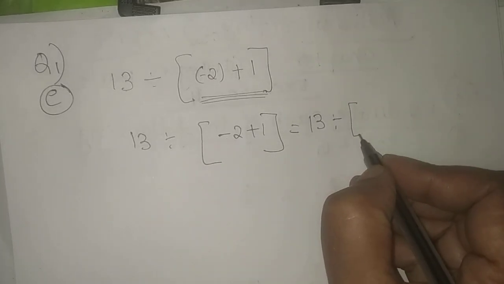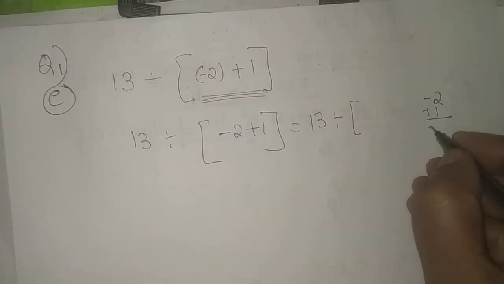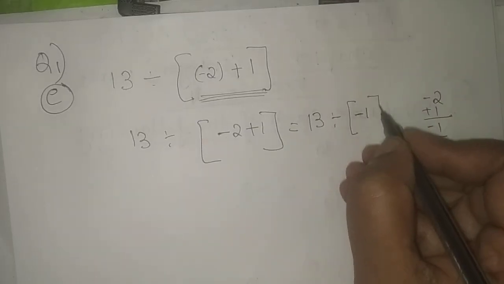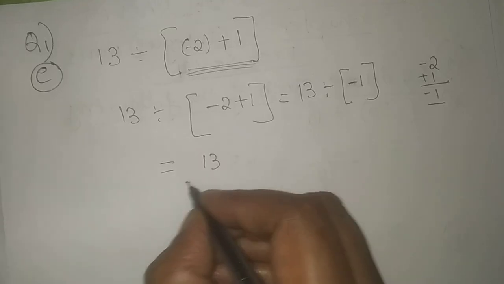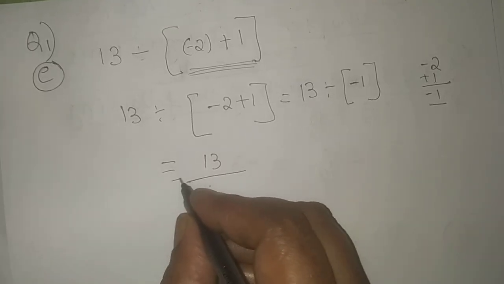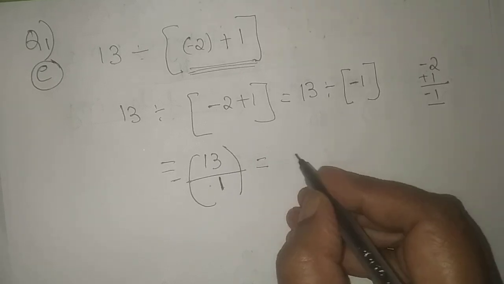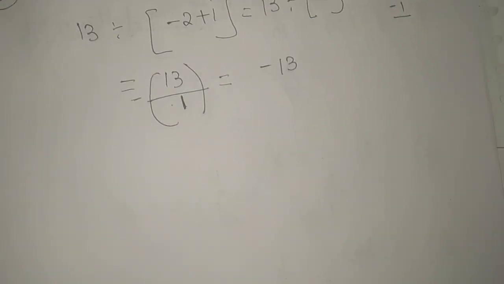Minus 2 plus 1 is minus 1. So write down minus 1 here. Then 13 divided by minus 1. You can write the minus outside, 13 by 1. Then minus 13 is the answer. I finished E.